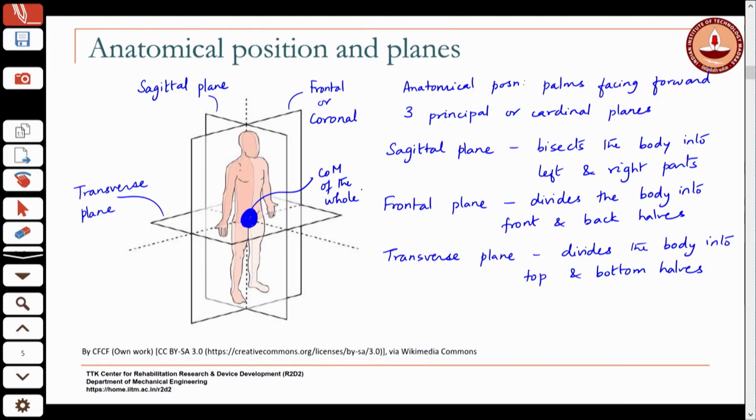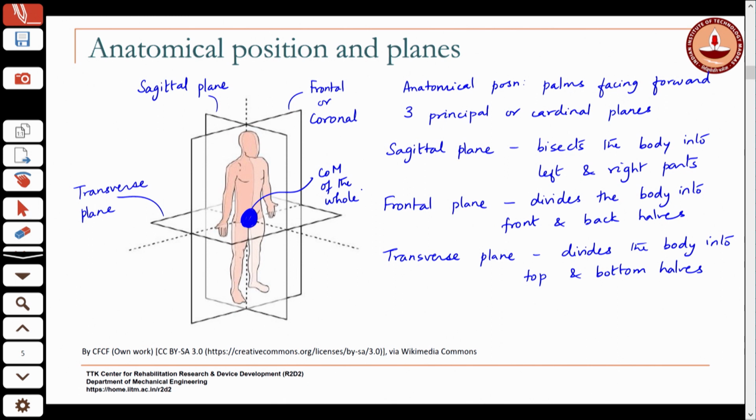Now, these planes are used to locate various parts of the body relative to one another and also relative to these planes. So, we will also define the axes that are perpendicular to these planes.